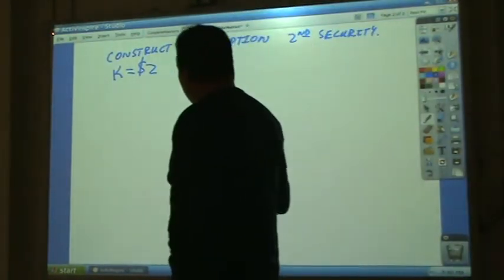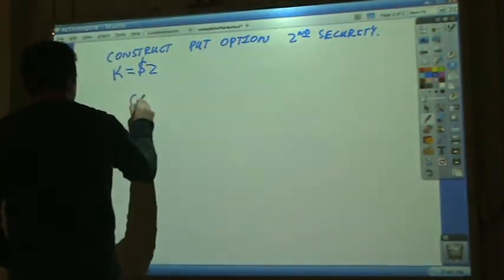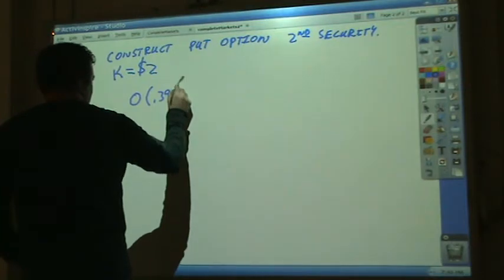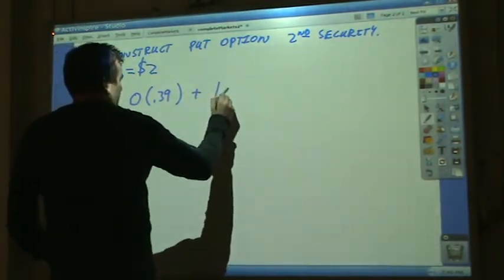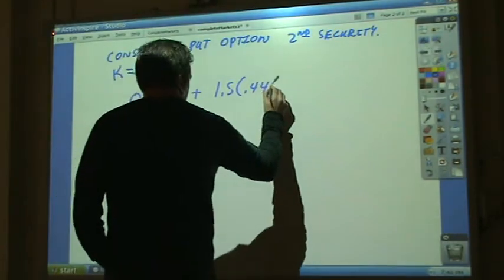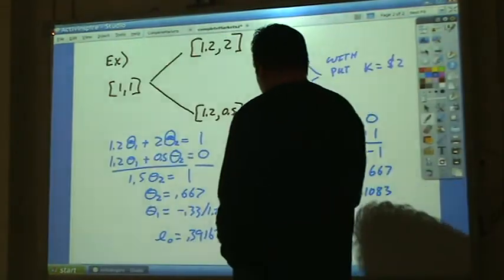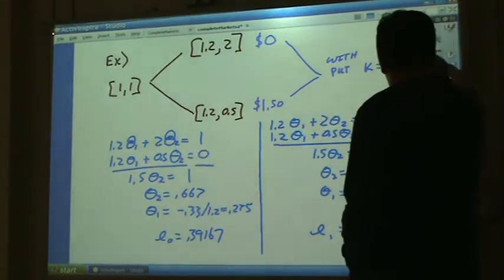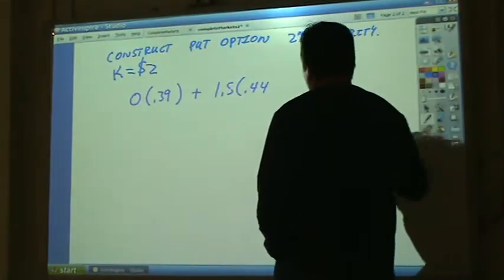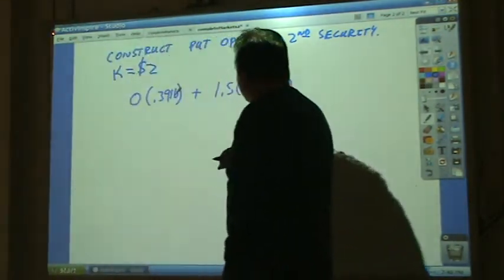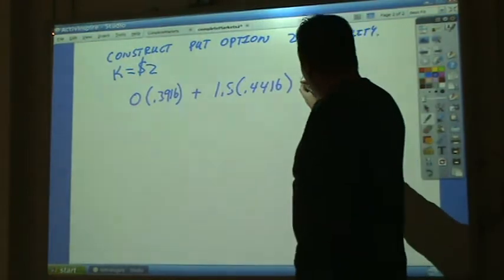So we would buy 0 units at 0.39 plus 1.5 units of the second security at 0.4416. And this comes to what?